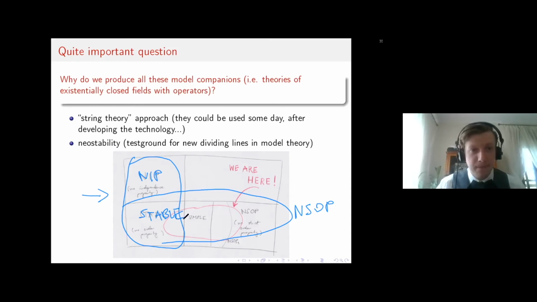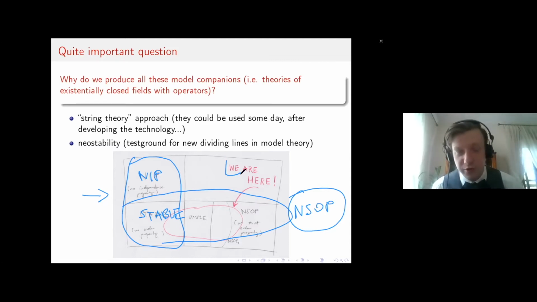Anytime you try to do some algebra, or model theoretical algebra, or algebraic model theory, you will finish in NSOP. NIP is the more analytic part. People who do model theoretical algebra, algebraic model theory, we are here.